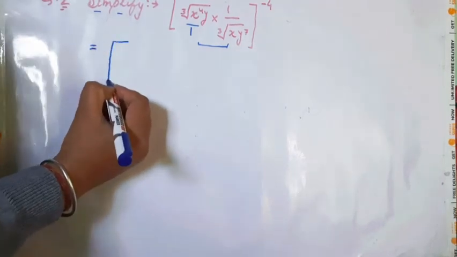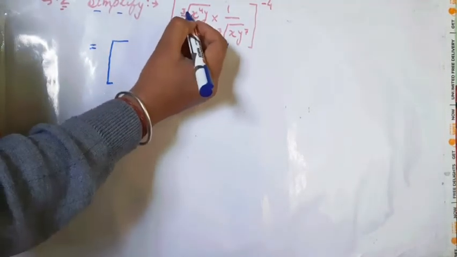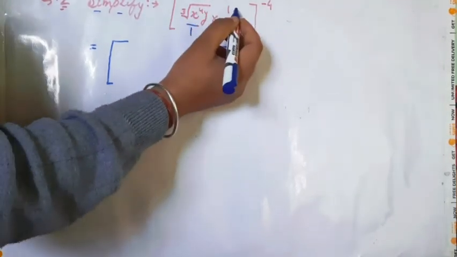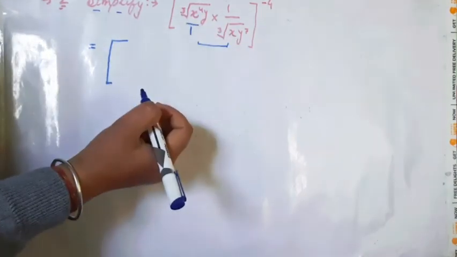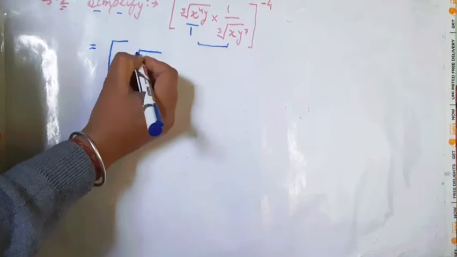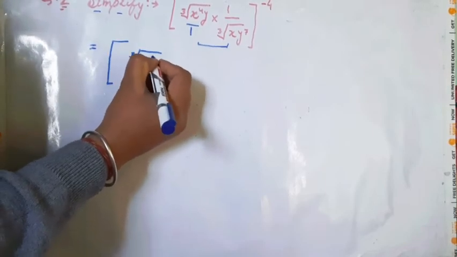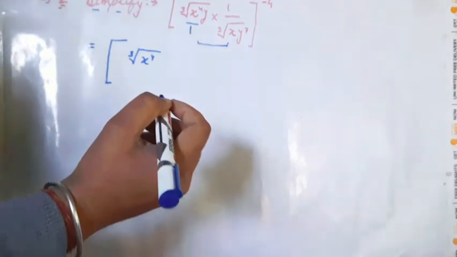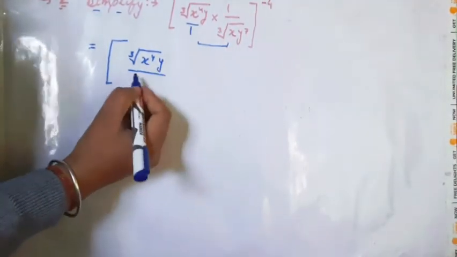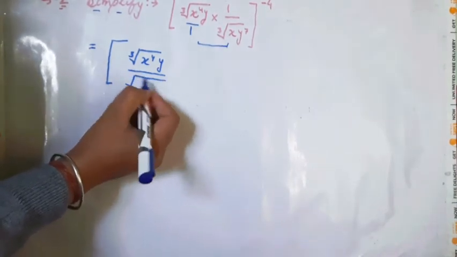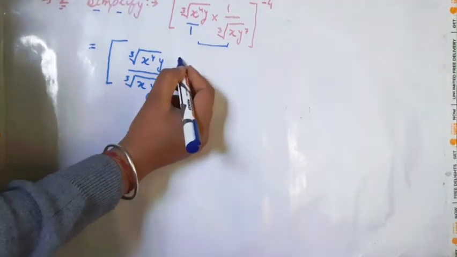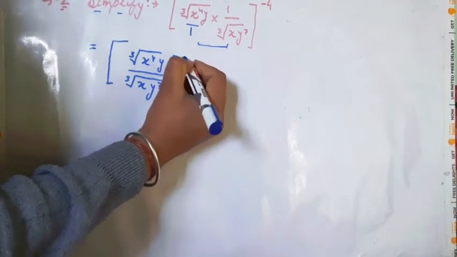So, bracket as it is, cube root of x raised to power 4 into y multiplied by 1, numerator with numerator and denominator with denominator. So this will be equal to cube root of x raised to power 4 y whole upon, here again, cube root of x y raised to power 7, whole raised to power minus 4.